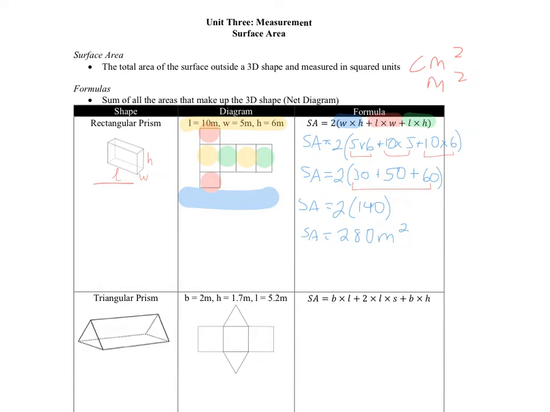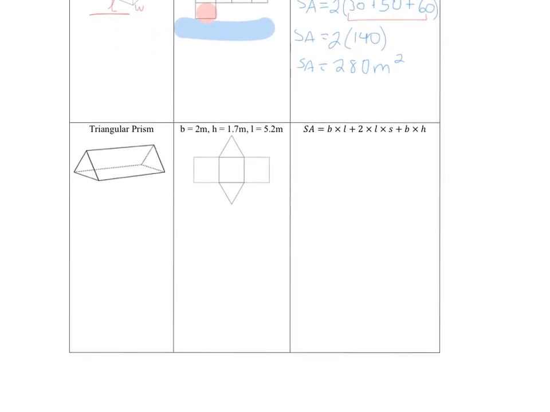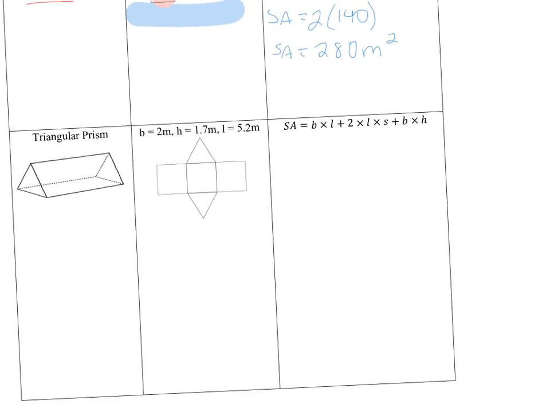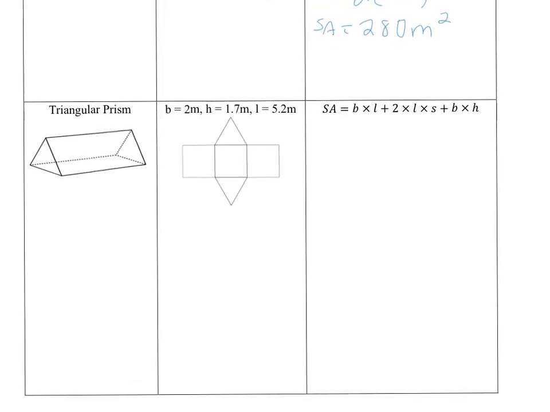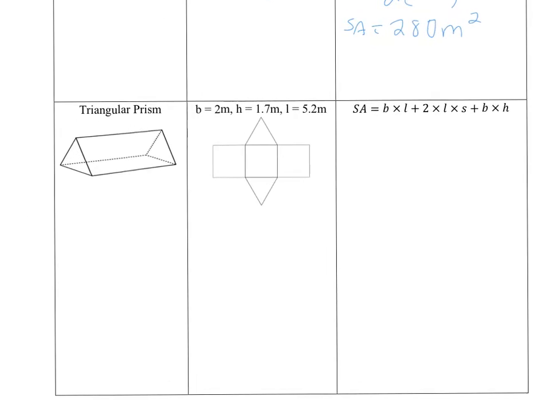Our next one we have here is a triangular prism. So I'm going to scroll down. Triangular prism is a little bit trickier because, in our first lesson about measurement, we talked about this tricky thing called the slant height. Okay, so it's a new dimension that we haven't seen.